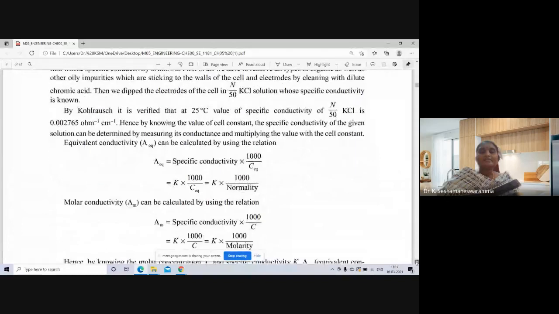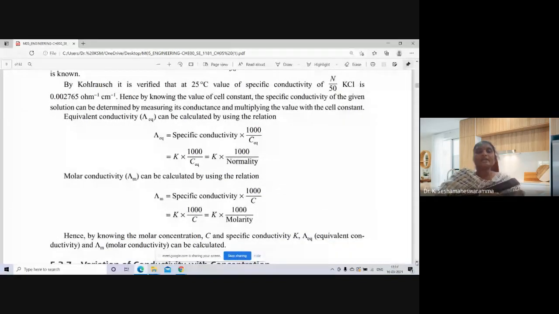Molar conductivity can be calculated as specific conductivity into 1000 by C. While calculating equivalent conductivity it is specific conductivity into 1000 by normality.